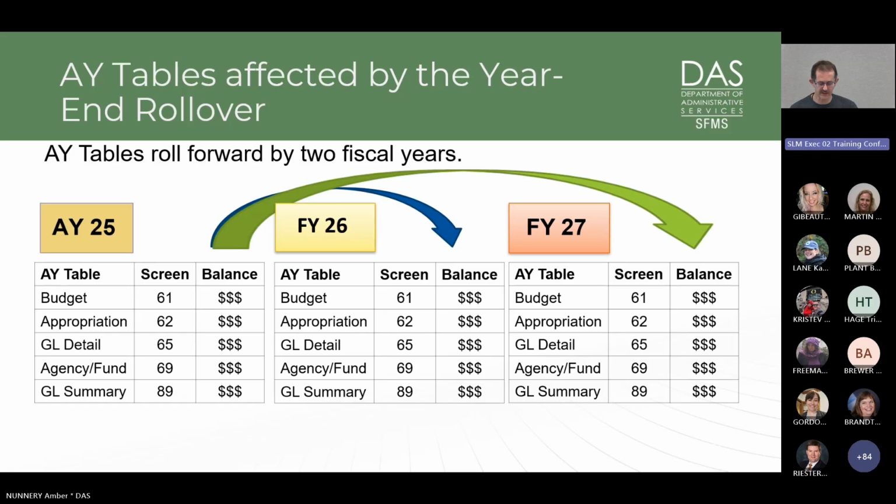The appropriation year tables affected are the budget, appropriation, GL detail, agency fund, and GL summary. All balances will be rolled forward from fiscal year 25 to fiscal year 26 and fiscal year 27 for those 5 appropriation year tables.